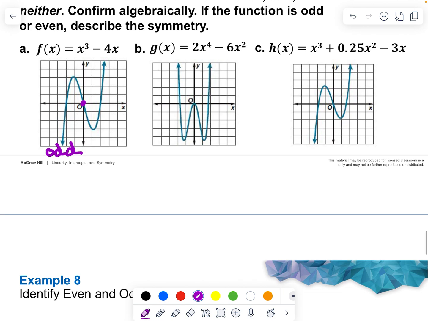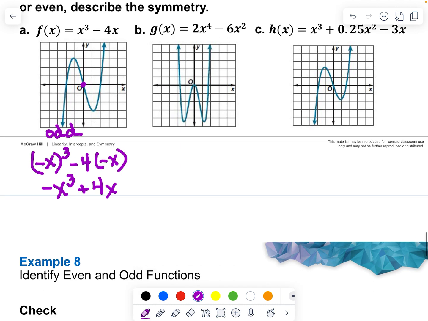Now, let's check that algebraically. I'm going to substitute in a negative x. So negative x to the third minus 4 times negative x. Negative x times negative x times negative x is negative x to the third. Negative 4 times negative x is positive 4x.